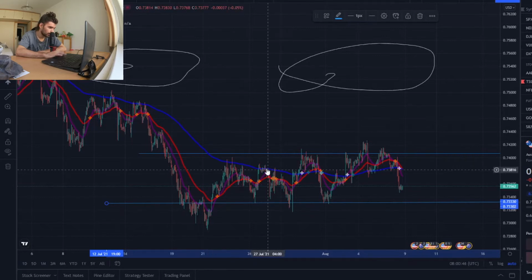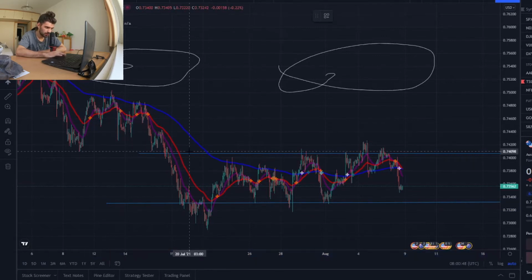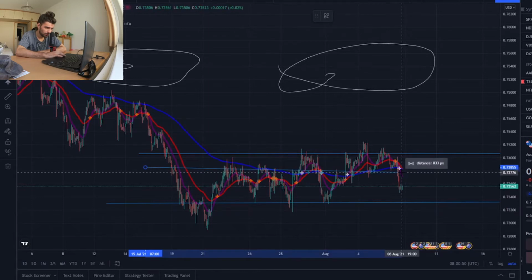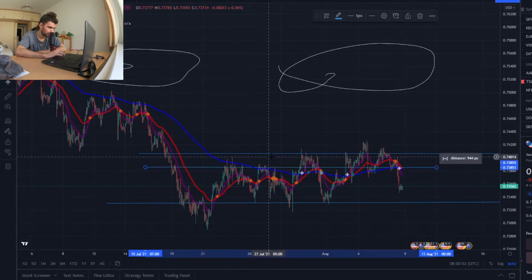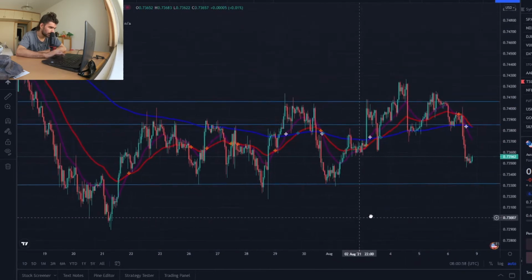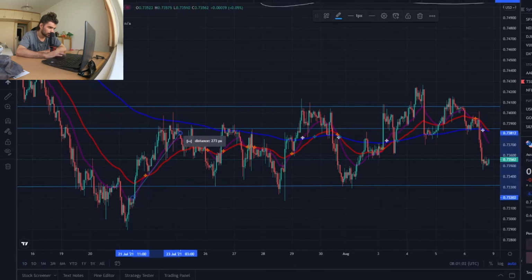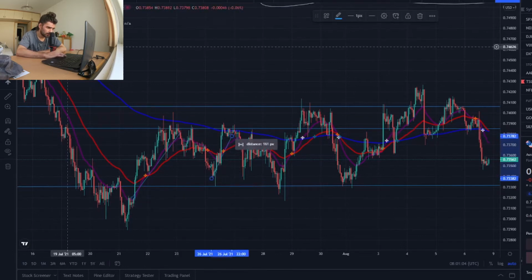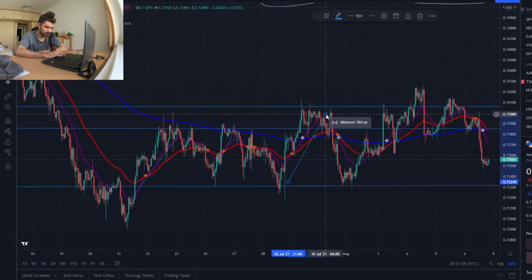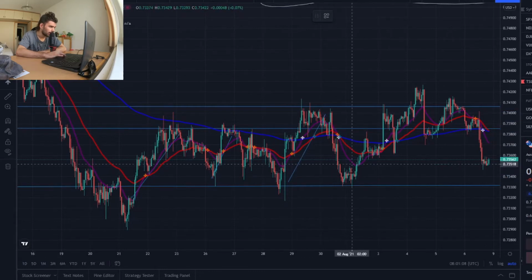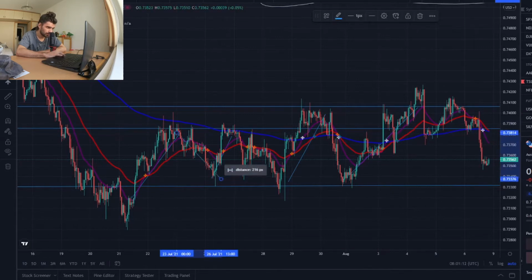If we add some support and resistance lines on the 1 hour chart, we can see a couple of them. The next thing we want to look at is that we are seeing some bullish momentums, and of course also some bearish momentums in the other direction.